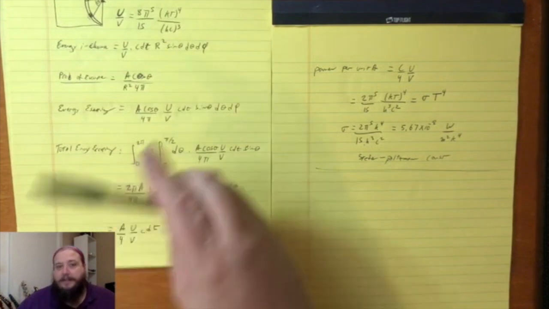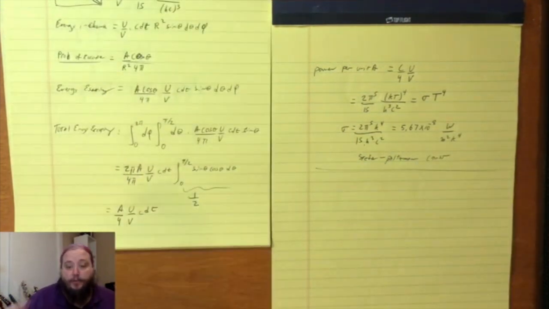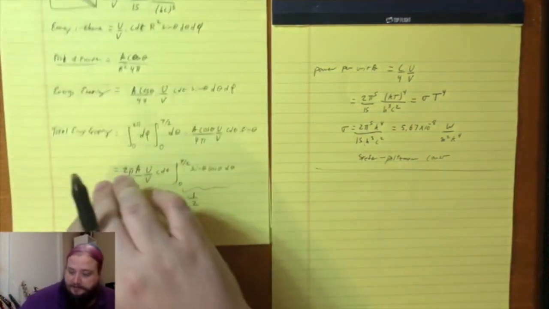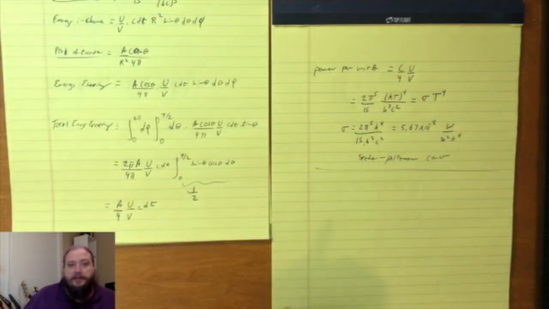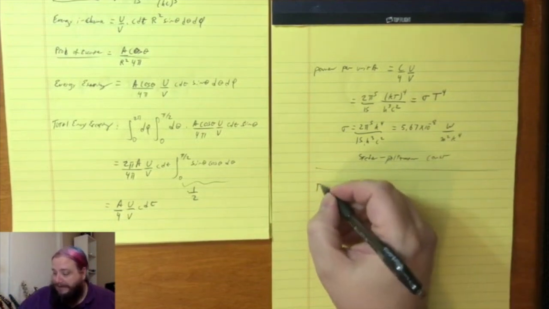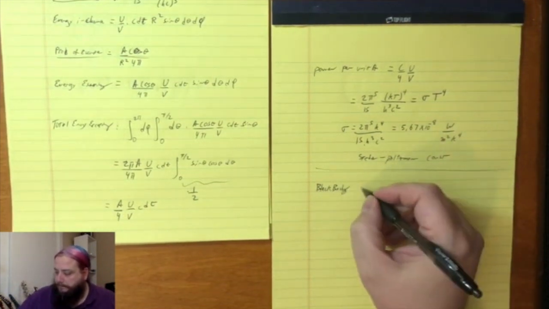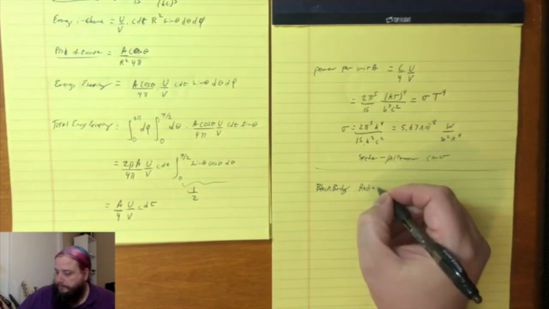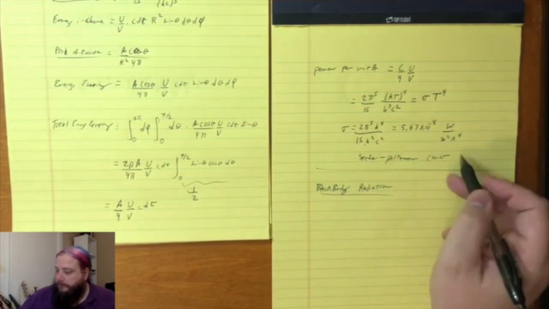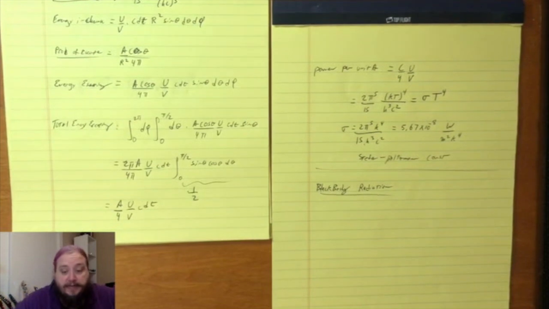But in fact, this result is even more general. It turns out to be true for any perfect absorber or any perfect emitter. So any black body. So this is often called blackbody radiation.